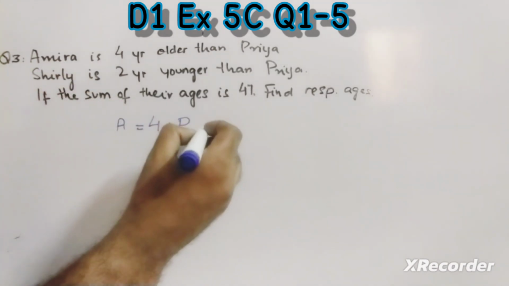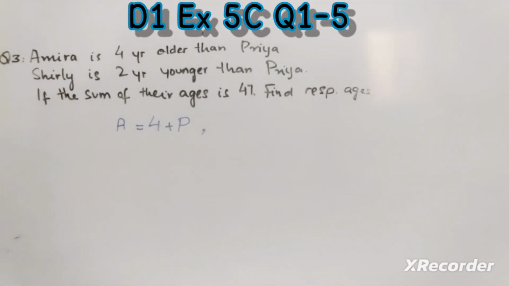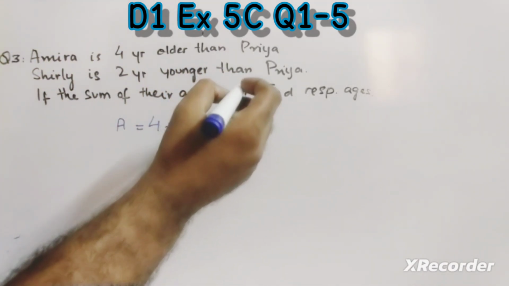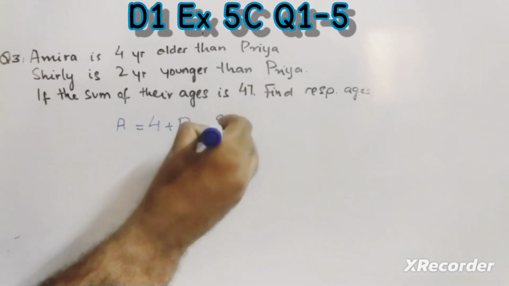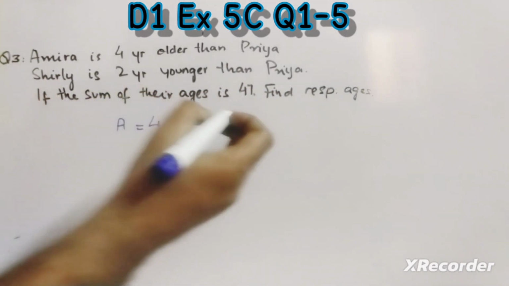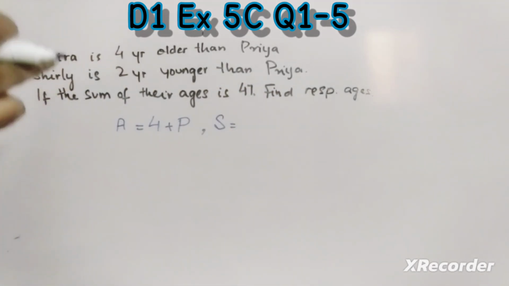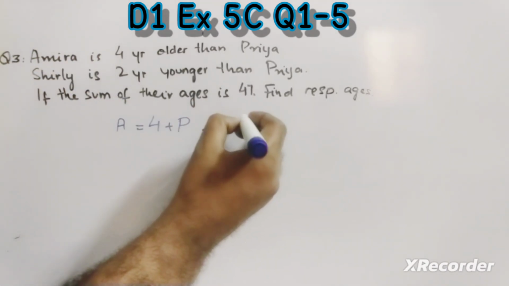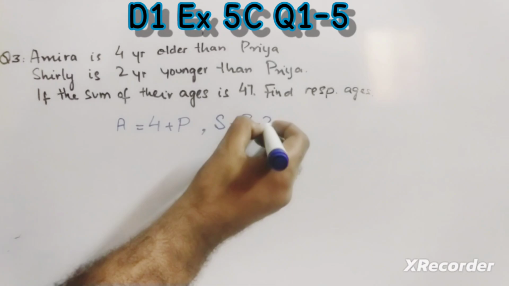From the second statement, Shirley is 2 years younger than Priya. So S means Shirley is 2 years younger than Priya, means the age of Priya P minus 2.